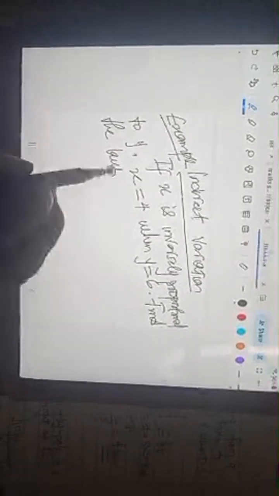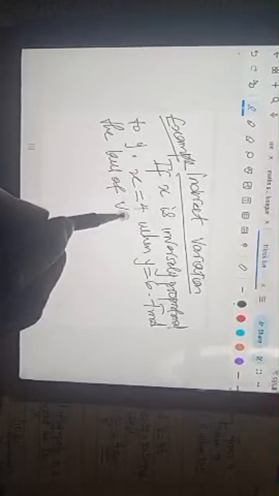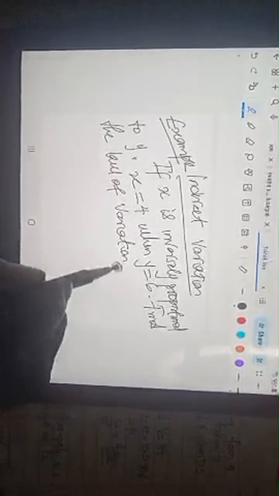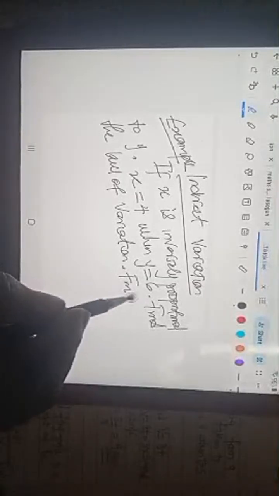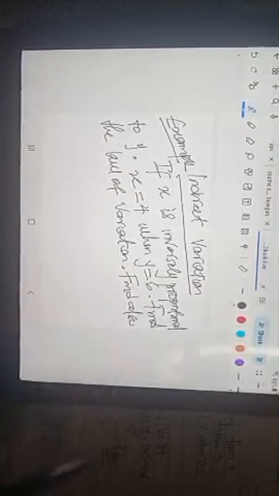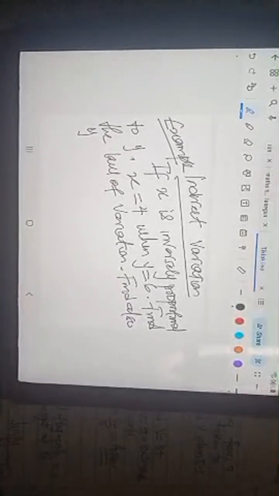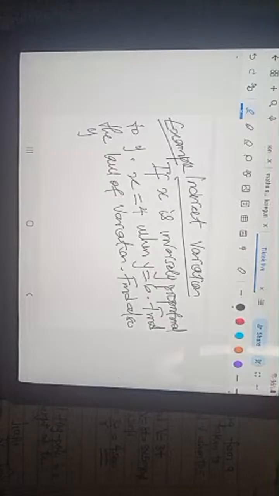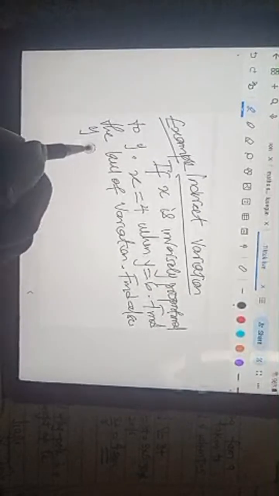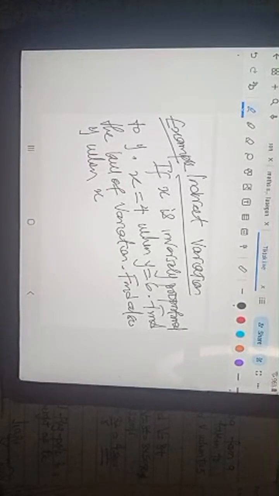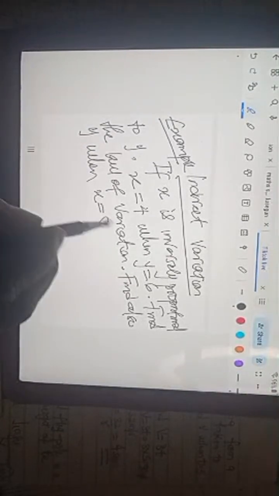Find the law of variation. Also find y when x is equal to 8.